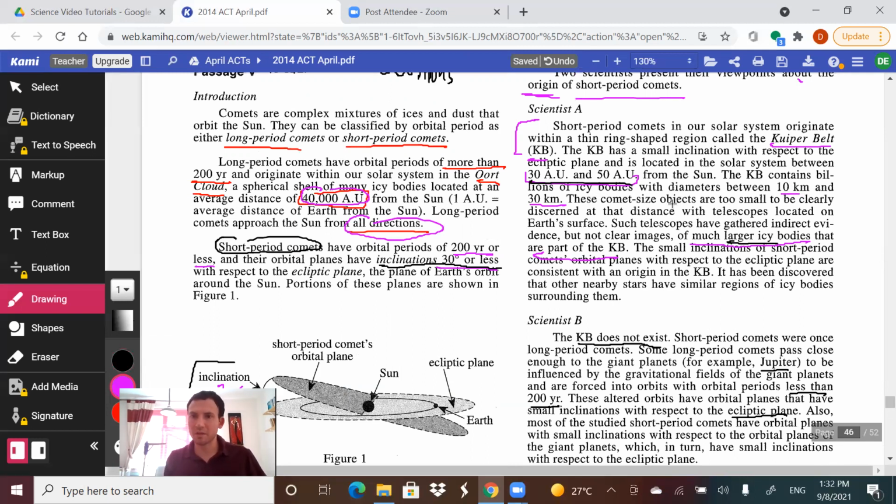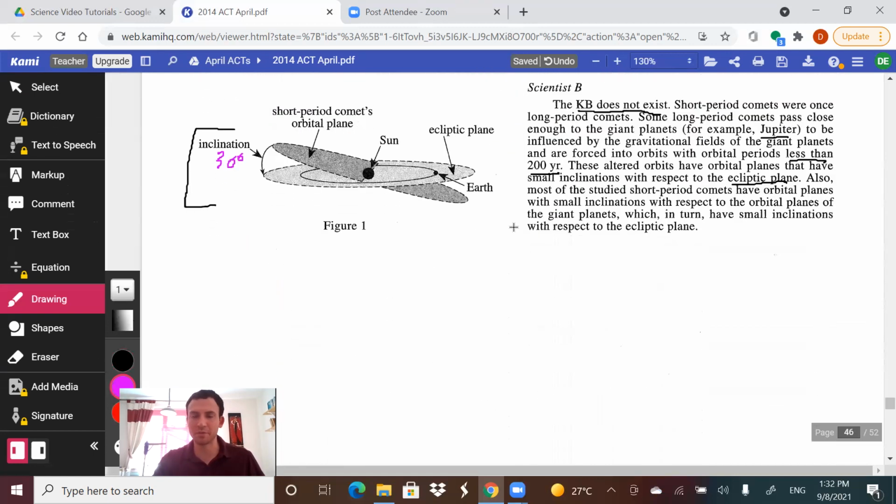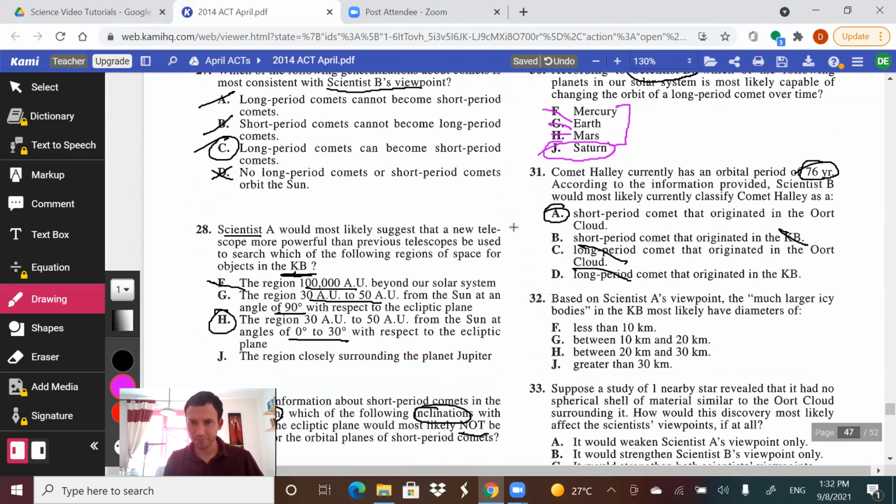These comet-sized objects are too small to be clearly discerned at that distance with telescopes located on Earth. Such telescopes have gathered indirect evidence, but not clear images of much larger icy bodies. So these much larger icy bodies have to exceed 30 kilometers in diameter. And that's why 32 is J.